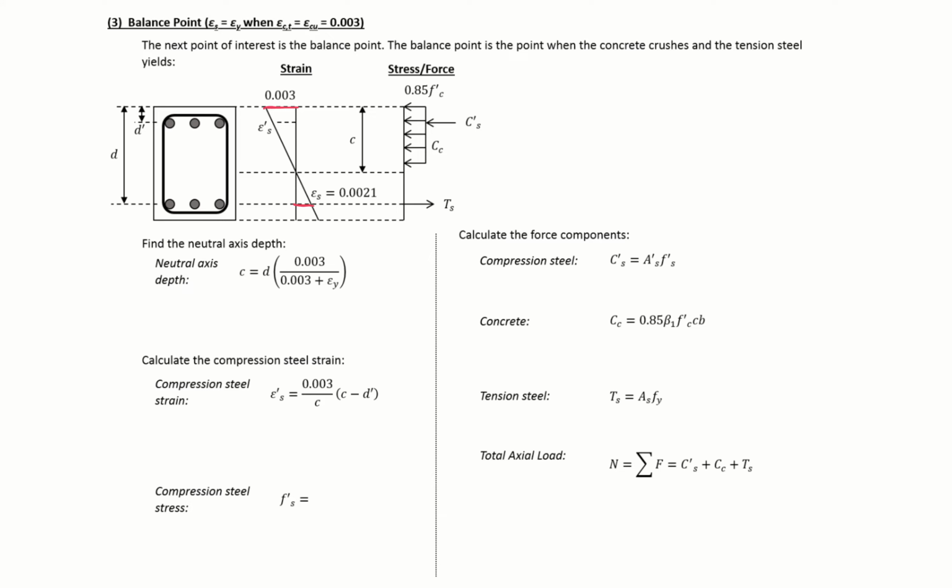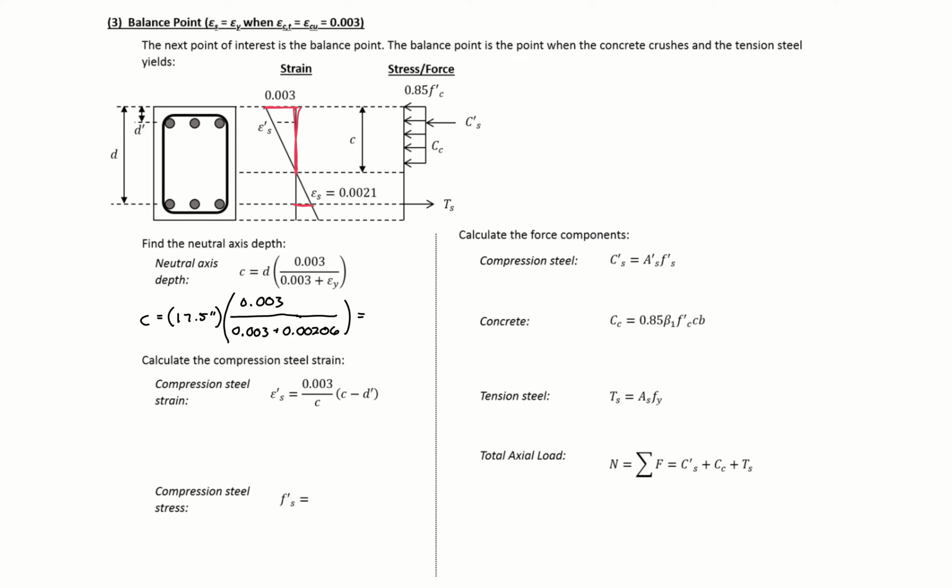So then we can find our neutral axis depth, c, just based on similar triangles. We can find our c to be equal to our d, 17.5, times 0.003 divided by 0.003 plus our yield strain, 0.0021.